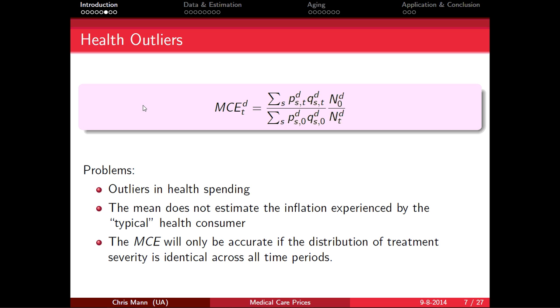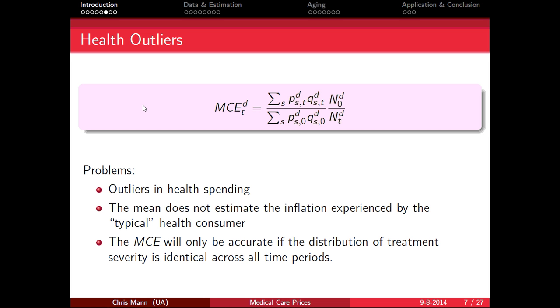Now, some people might have a very minor heart attack, and they can just take some thrombolytic drugs, and that's all they really need, right? Whereas other people, they do have to go into a major surgery because maybe their heart attack's a little bit more severe. And instead of just taking a handful of pills, they might have to stay in the hospital for a month or two. In my data set, I have people of all different types and severities, right? And so you have these huge outliers in health spending.